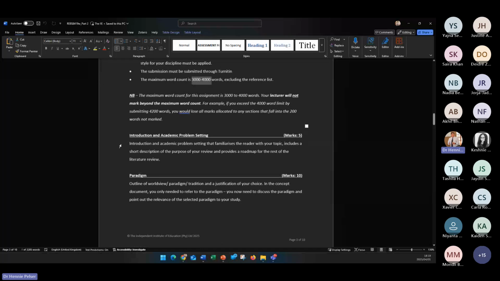Right, now the introduction and we talk about problem setting, etc. So for me, the ideal introduction does a couple of things. The key thing in terms of having a good introduction, guys, is to have something that grabs the attention of the reader.